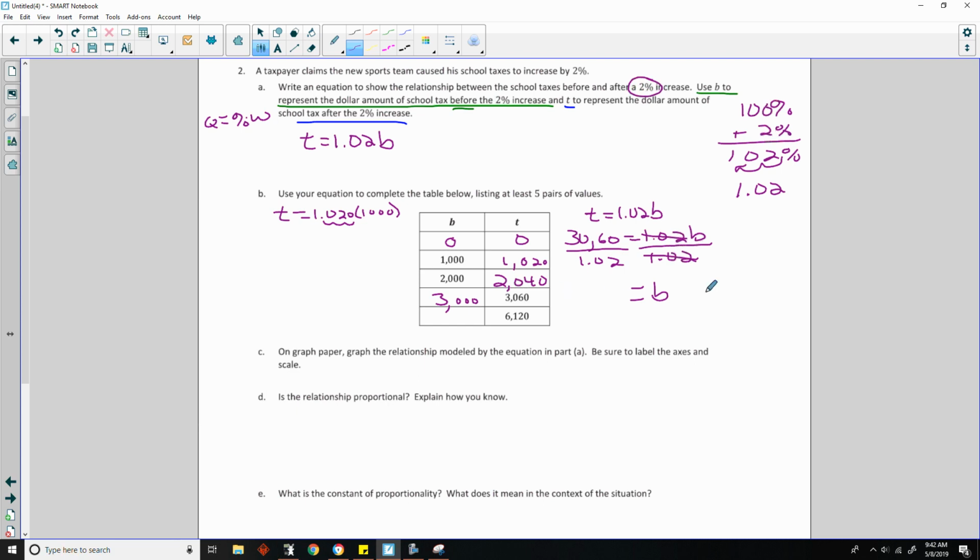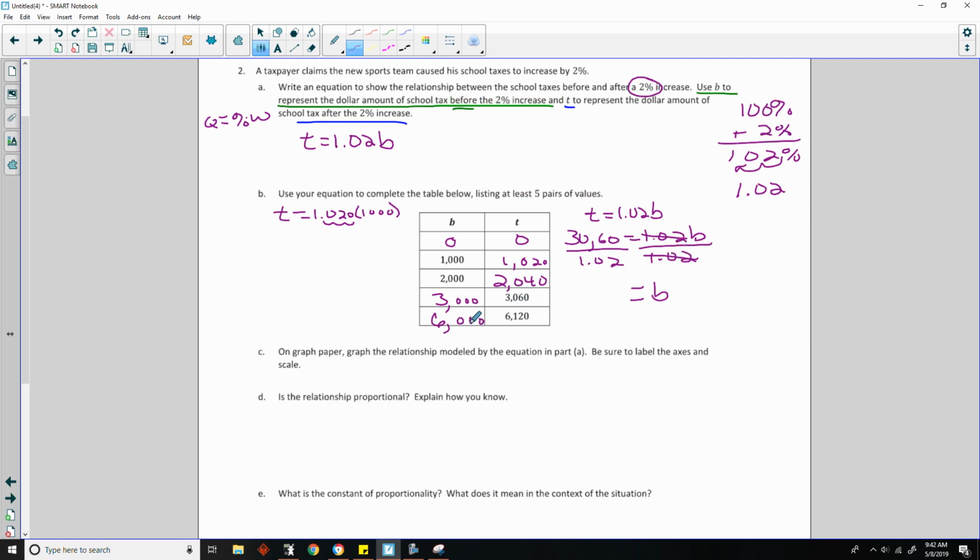Okay? And then I'm going to do the same for the 6,120, and then I'm seeing a pattern here. So this is going 0, 1,000, 2,000, 3,000, and this is increasing by 1,020 every time: 20, 40, 60. But what I'm seeing here is 3,060 times 2 is 6,120. So they're doubling t, so we must double b. So this should be 6,000.